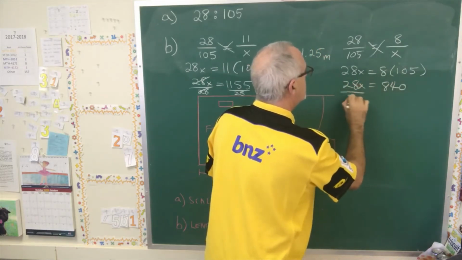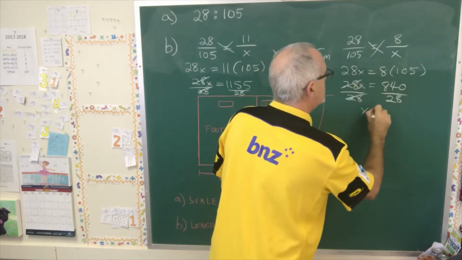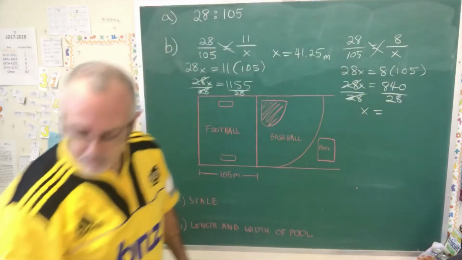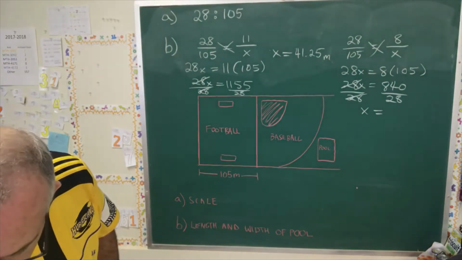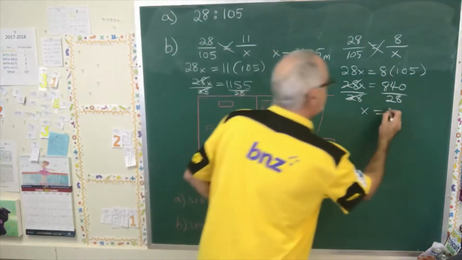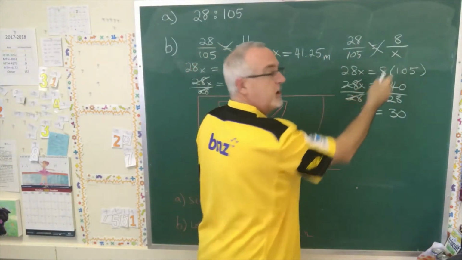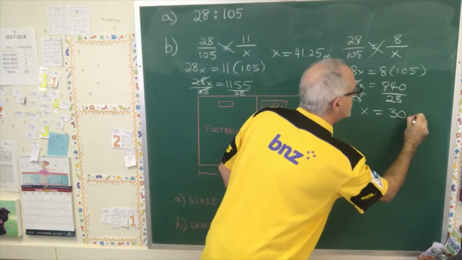We divide both sides by 28. X is isolated, and 840 divided by 28 is 30. Again, it was centimeters over meters. This is on the bottom, it's meters, so our unit of measure is in meters.